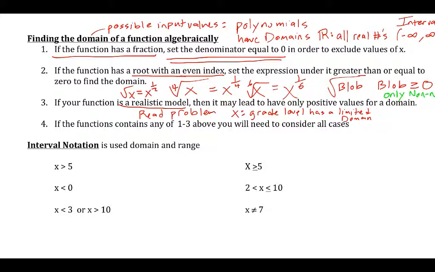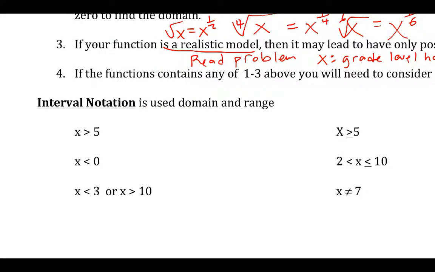So let's play first with interval notation, and then we're going to do a whole bunch of problems, and it's going to be great. Down below, just to remind you, if you haven't done interval notation in a while, x is greater than 5 as an interval would look like this: 5 to infinity, and you want to be careful, this is a parenthesis on the left-hand side. So parentheses are really important.